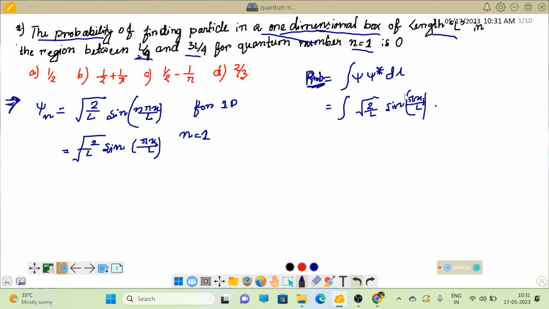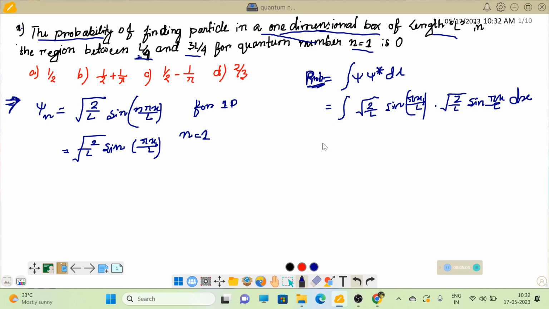Here there is no imaginary part present, so we write psi star the same as psi. So root 2 by L sine pi x by L, and here it is in the form of x, so dx for 1D. If it were 3D, we would write dx dy dz, but it is 1D, only x, so we are using dx.